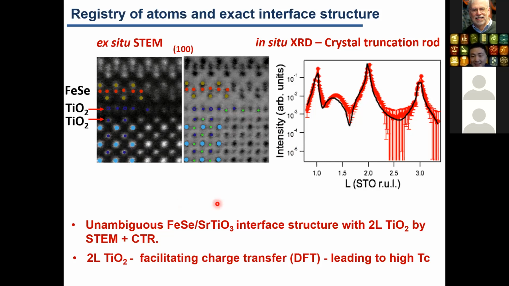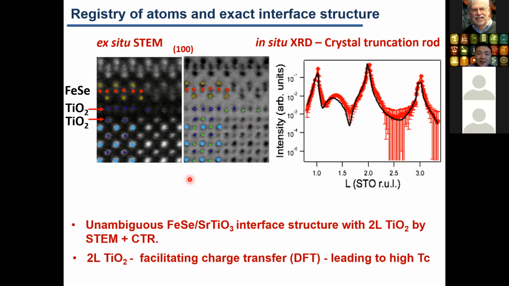Besides that, we can determine exactly the atom registries of iron cyanide on top of the STO. So basically, we complete the analysis of the lattice structures at the interface for iron cyanide and the top layer of the STO.